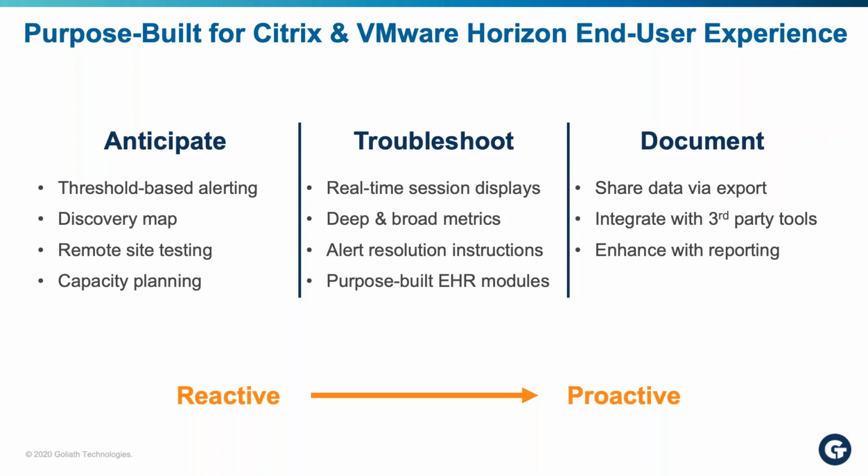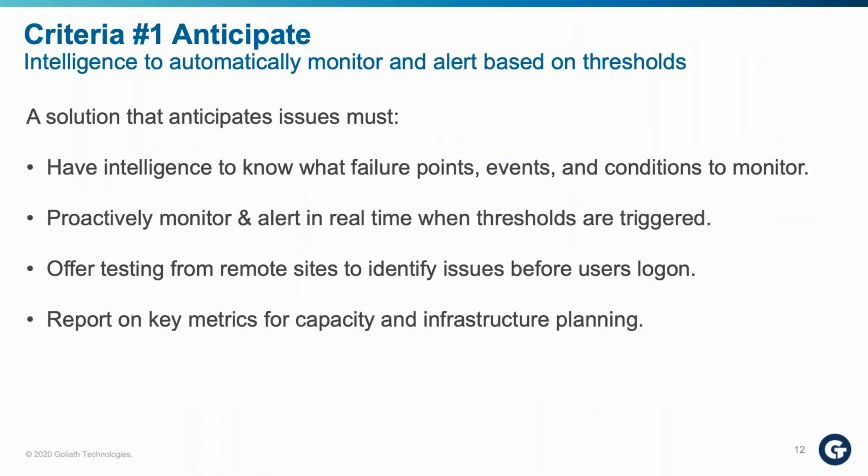So criteria number one around anticipate. What does it really mean to anticipate issues? It means that you have that embedded intelligence and automation already available so that the solution knows what to alert on, what thresholds are to be set so that you know when there's issues, and then how do you send those alerts, whether it be email or via text messaging.